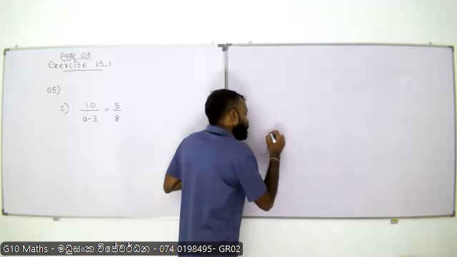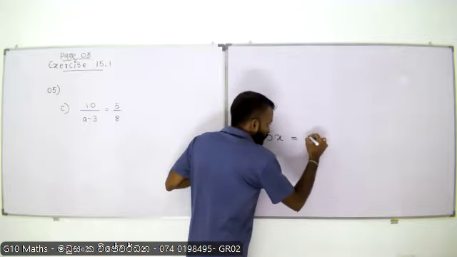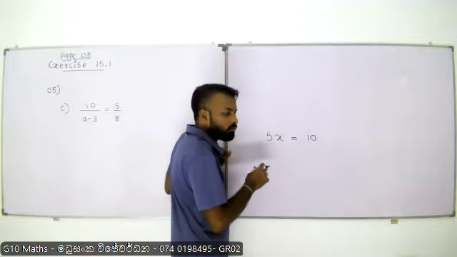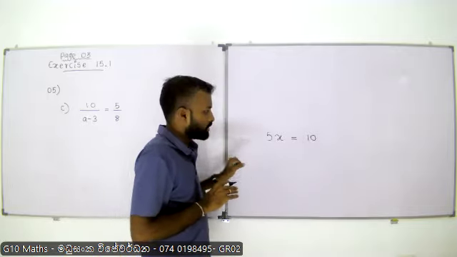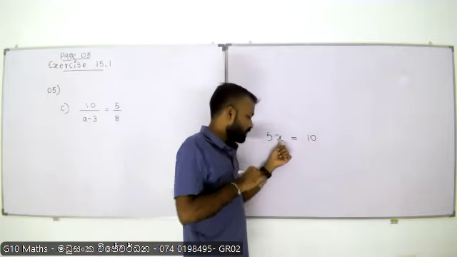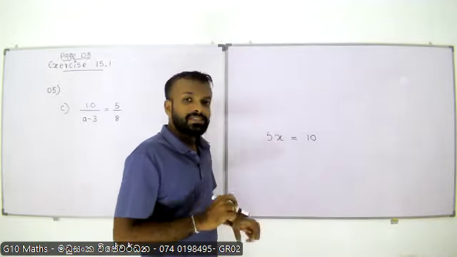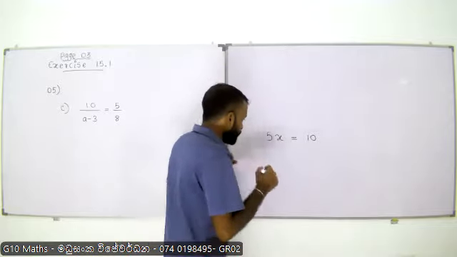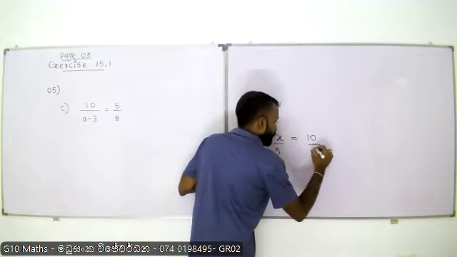However, if you have something like 5x equals 10, this is a particular equation and you are going to find the value of x. The logic behind this is that you divide both sides by 5 so that you can find the value of x.